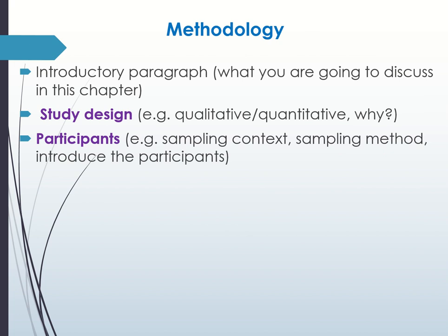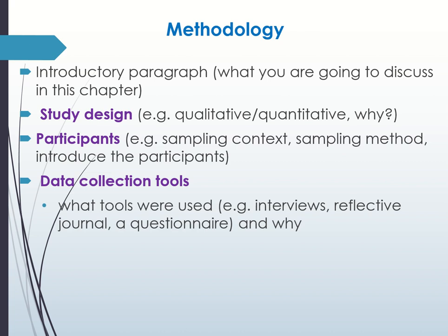Whatever you decide to mention about the participants will depend on your research aims and also approach. But you need to remember, when introducing the participants, you need to protect their identity. This is important. So you need to think about confidentiality and anonymity. You need to also have a section on data collection tools.